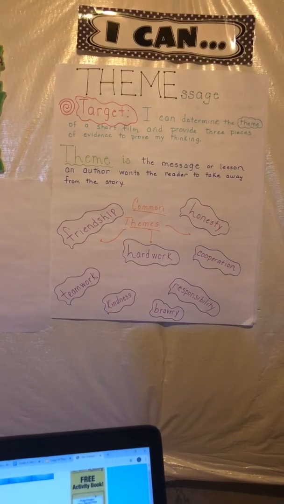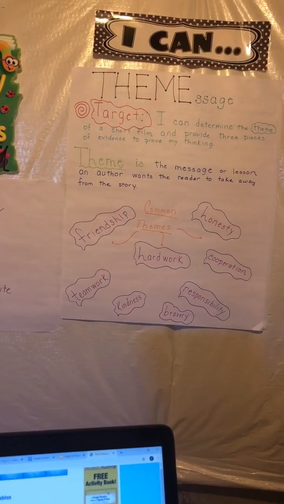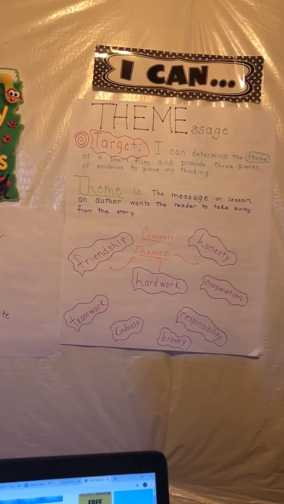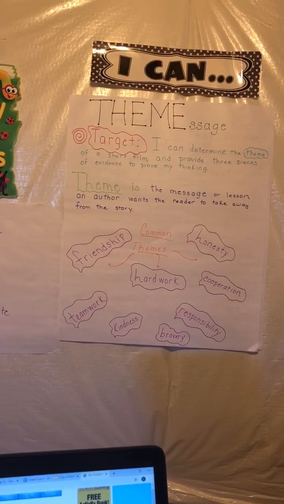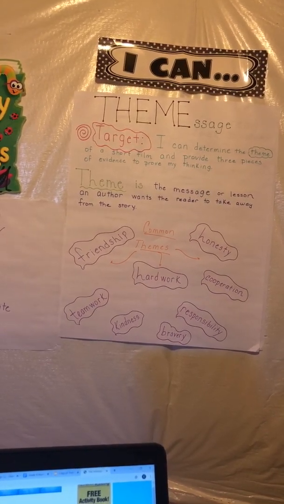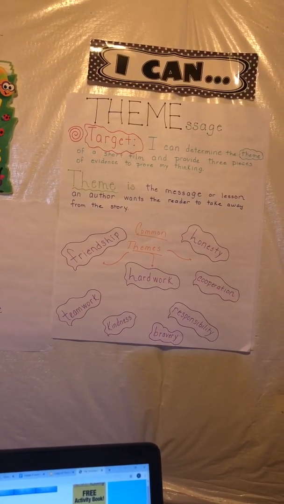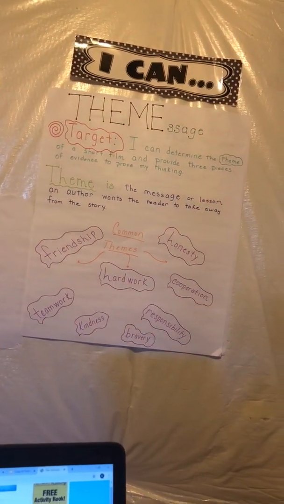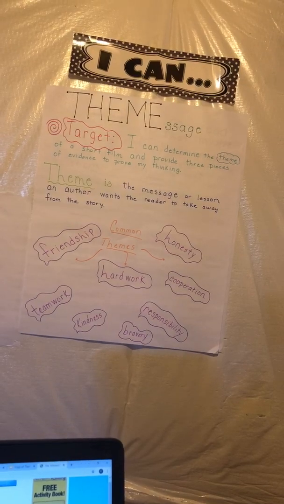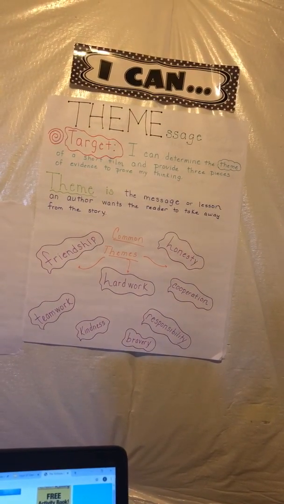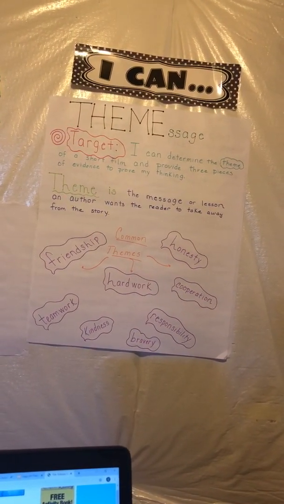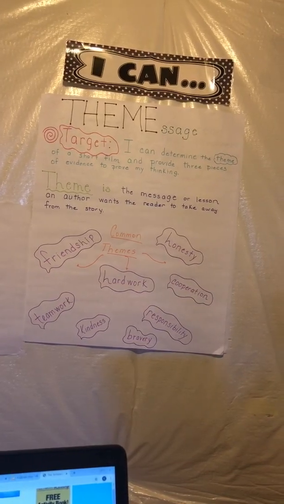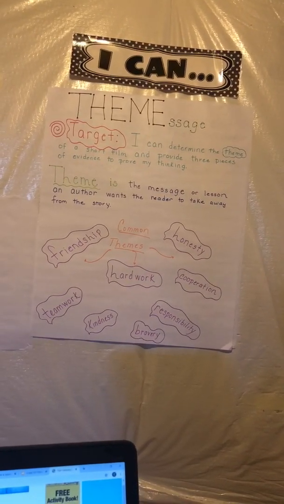We're going to continue our work with theme today, and we are going to be keeping our same target. However, we're just going to change the type of genre that we're going to be reading. So far this week, we have looked at some short Pixar films and some short passages with characters. But today, we're going to look at a fable.